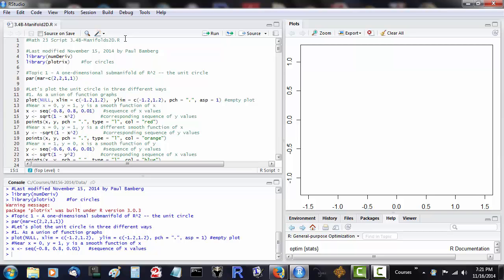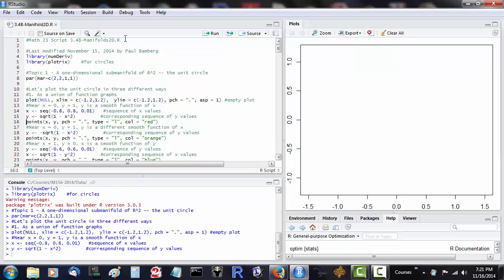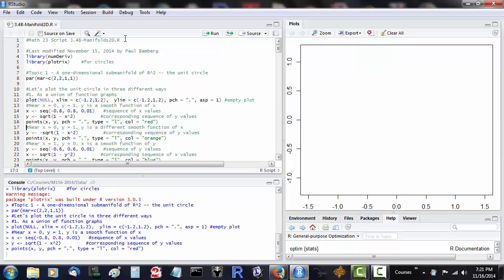Remember, when x is a vector, y is just another vector where each component of y is calculated from the corresponding component of x. So now I plot the resulting points from these sequences of x and y values, and in red you see the top of the circle.